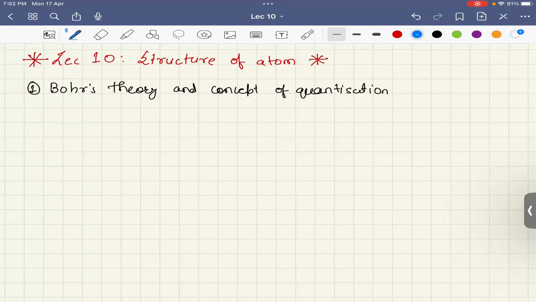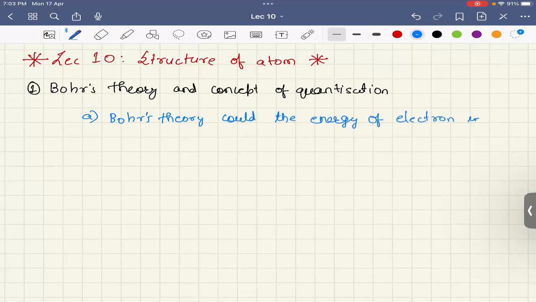So, Bohr's theory could predict the energy of an electron in the nth orbit.